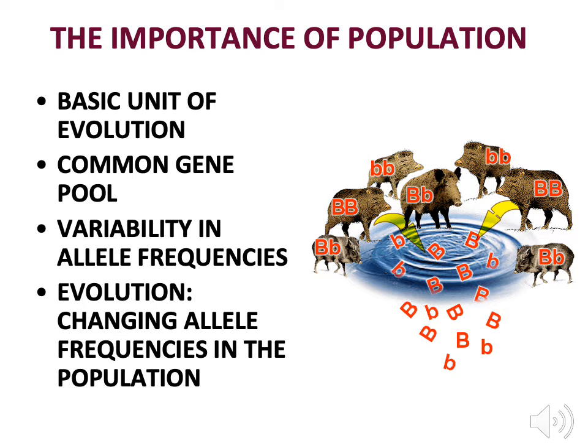And you remember, genes come in different types. They call those alleles. And so if you've got a population, a group of interbreeding individuals, and they are all interbreeding and sharing these genes, those genes constitute what is called a gene pool, and natural selection is having an effect on allele frequencies in that population.